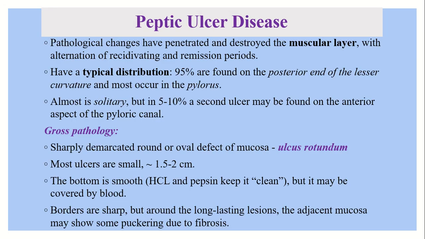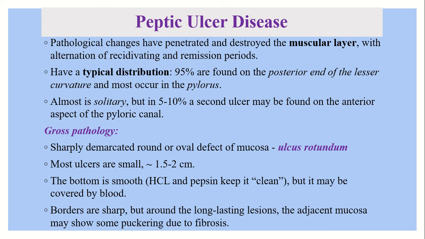The pathological change during peptic ulcer disease can penetrate and destroy the muscular layer with alternating recidivating and remission periods. Peptic ulcer disease has a typical distribution. 95% is located in the posterior end of the lesser curvature, and most occur in the pylorus, because this is the way of the food.